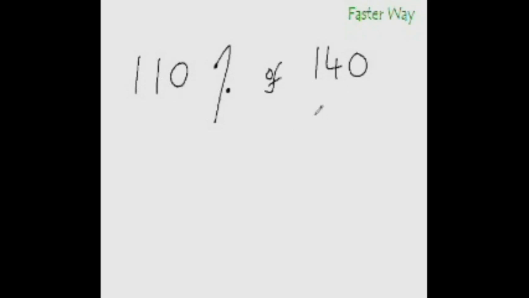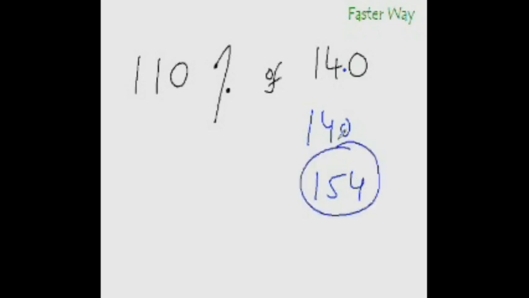So it is 140, and 10% would be shifting the decimal one place, it would be 14, and 140 plus 14 would be 154. 154 is the answer. I have used the jumping 10 technique of addition. See, if you practice these easy calc tricks, I can assure you, you'll be calculating so fast, so smoothly, your mind would be able to crunch the numbers without any effort.